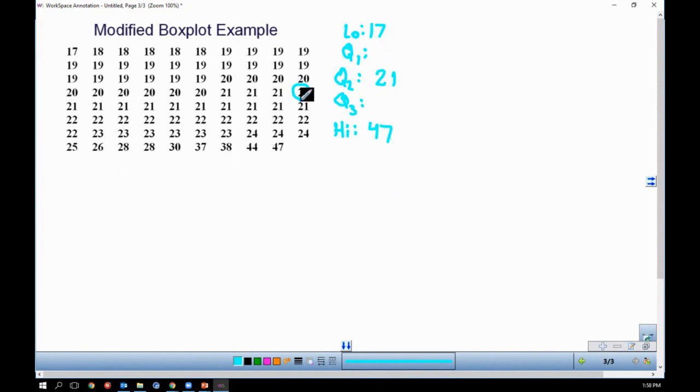What would Q1 be? Which point would Q1 be? Because now we have 39 in the lower half of our data. So we would want to look at the 20th data point, which is 19.